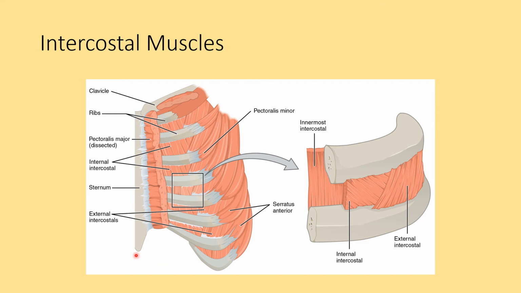The intercostal muscles are going to be assisting with breathing. They help to move the ribs so that every time you inhale and exhale, the ribs are moving, and when they move, it's changing the volume of the thoracic cavity.